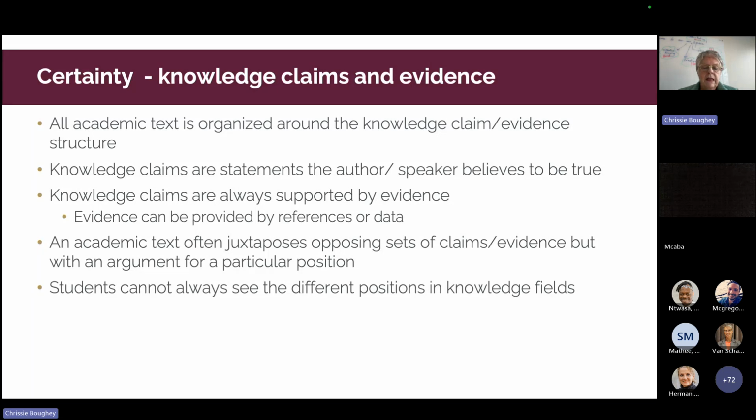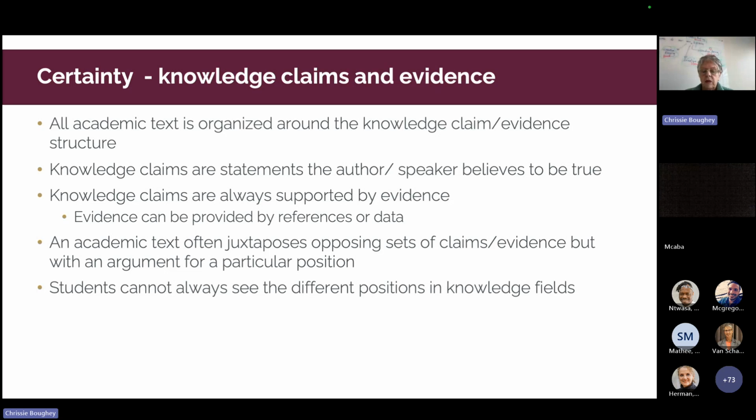But what they'll ultimately do is present an argument for a particular position. So these people say this, another lot of people say that, but on the whole, the evidence is stronger for the first position, and that's the one I'm going to draw on.